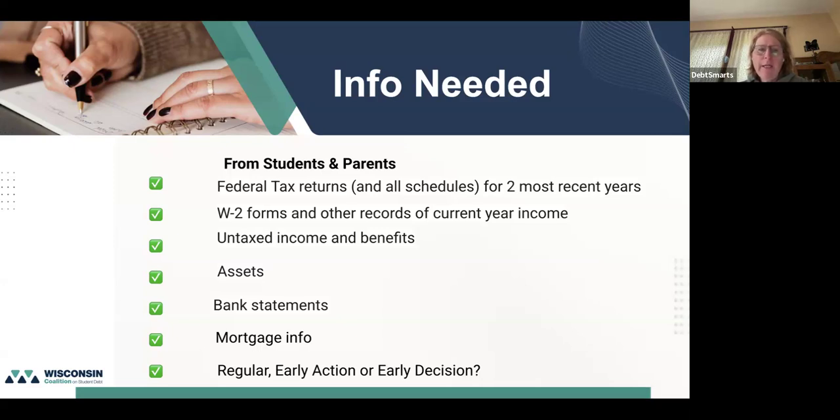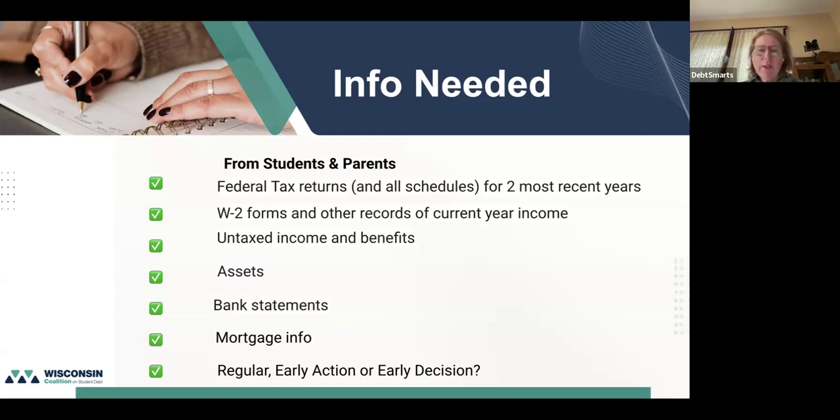So you really do need to have these forms and the information from these forms readily handy. One thing I want to point out too is that when you start the form, it's the student that is starting it, and then the parent is going to be adding their information into the student account.